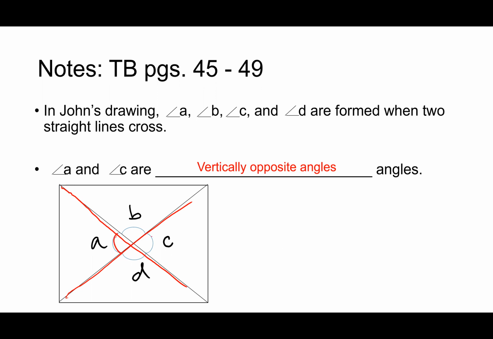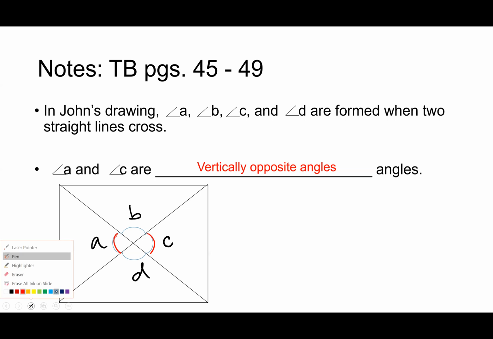Okay, so we're looking at this angle and that angle right there. Those are called vertically opposite angles. We also call them vertical angles. So go ahead and copy down the red on your blank space, please. Vertically opposite angles are equal.